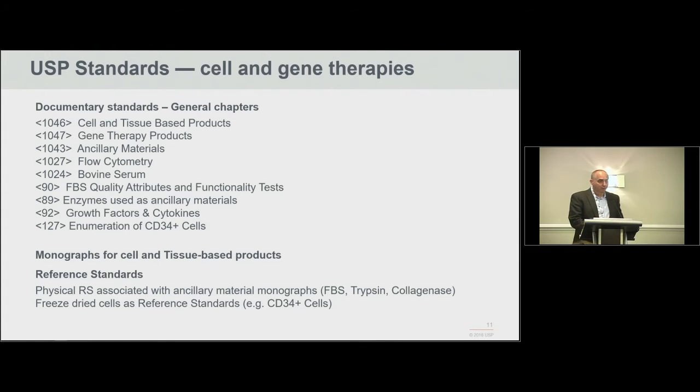There is a series of chapters that are listed here, and I'll show you a snapshot from a couple of those where we talk about best practices, the type of quality testing that is required for cell and gene therapy product, but also special attention to the ancillary materials and some of the specific ancillary materials like bovine serum.